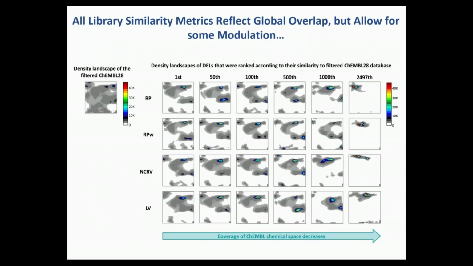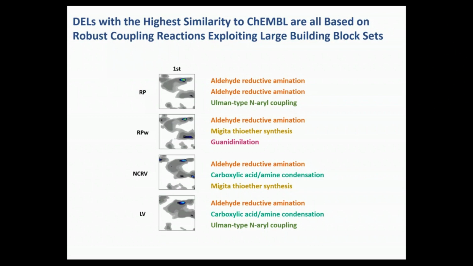And then it's up to you, depending on your project, to decide which scenario is the best for you and pick the corresponding matching DEL. So you can already see trends here. Although the best matching DEL might depend on the metric you used, you see that they all have something in common. They are all DELs based on robust coupling reactions. So they are 3-step DELs. This one requires 2 steps of reductive amination followed by an Ullmann, and so on.